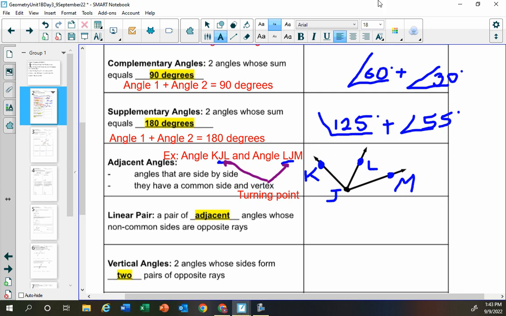So basically, rather than talking, you're like, okay, what does he mean by this? Here's what we mean by a linear pair. Have an intersection. Oh, I forgot my arrows.